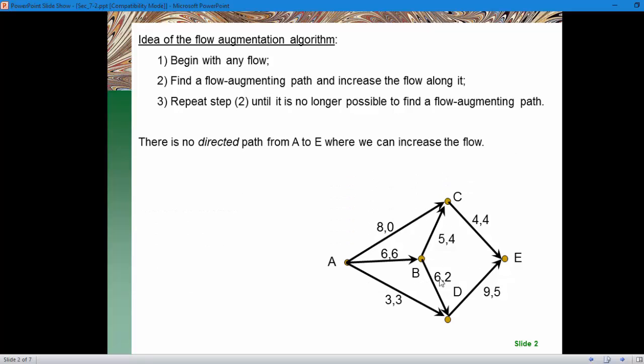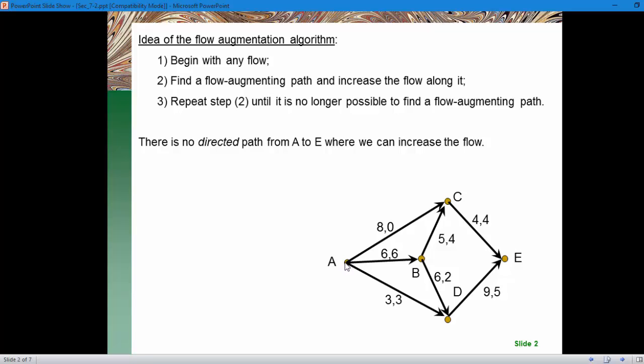Let's take a look at this example here. Currently, there is no directed path from A to E where we can increase the flow. Notice that if we go from A through C and arriving at E, this edge here is already at maximum capacity. The flow there is equal to the capacity, so there is no more room for improvement there.